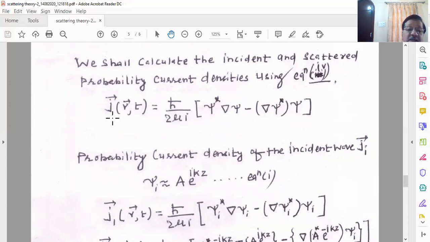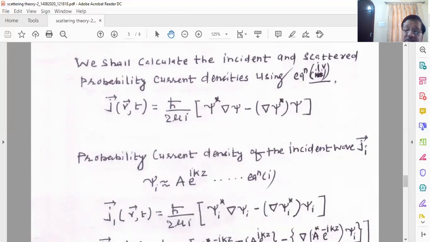So instead of J, I write J_i. You look at this, it is r and t. You have h cross, so this is 2 mu i. Instead of psi, I write psi_i star gradient psi_i minus gradient psi_i star into psi_i.